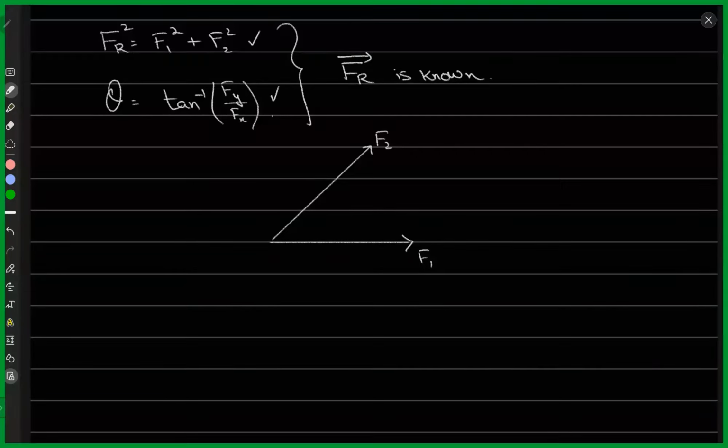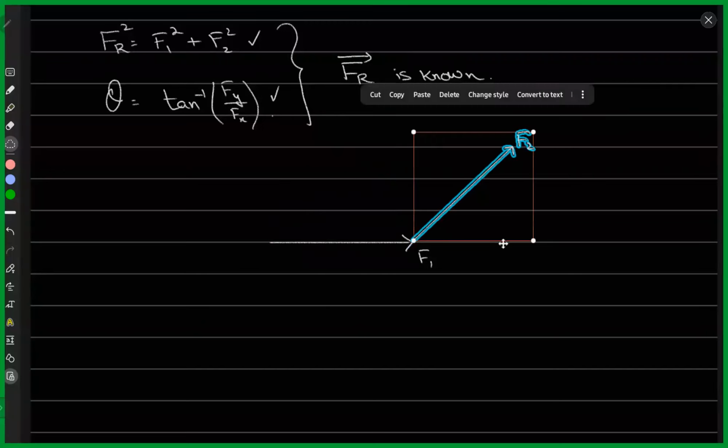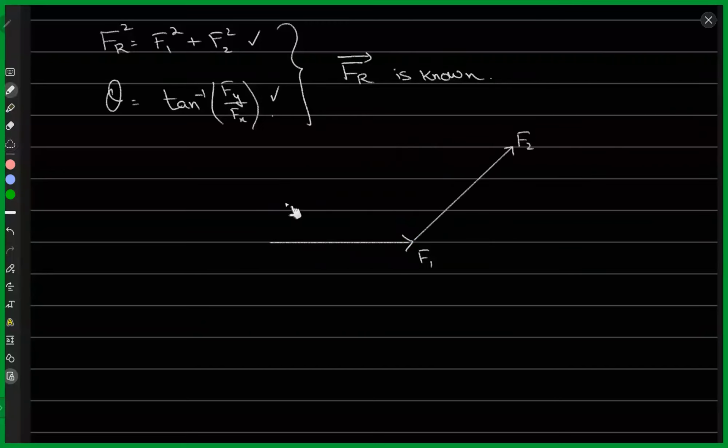If you remember, we put them head to tail. So I can put this F2 vector on the head of this F1, and this gives me the resultant vector, which would be like this. All right, so that's clear, right? How do I add two vectors?